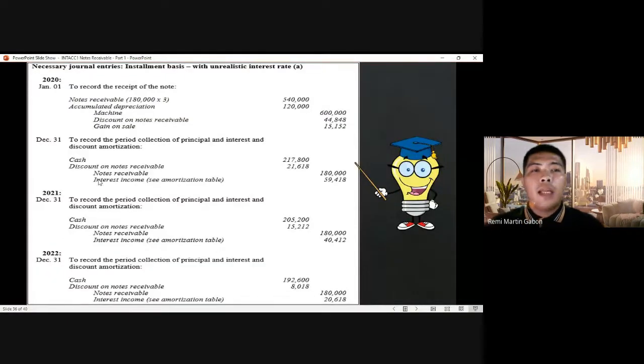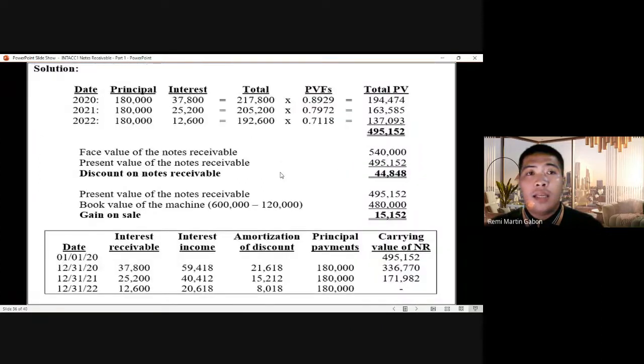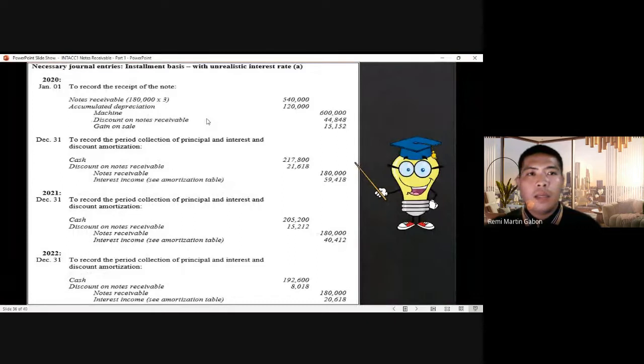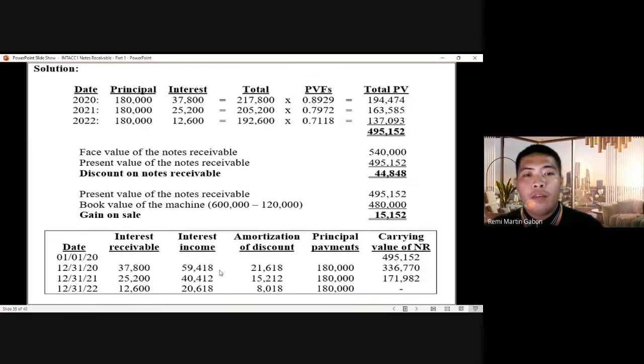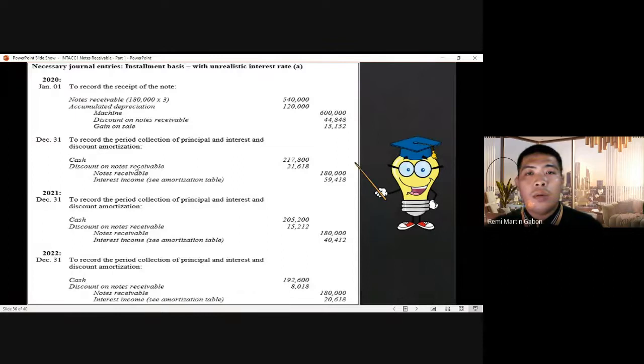Then credit notes receivable, 180,000, because these are equal payments. Credit interest income based on the amortization schedule, 59,418. Then debit discount on notes receivable, 21,618.